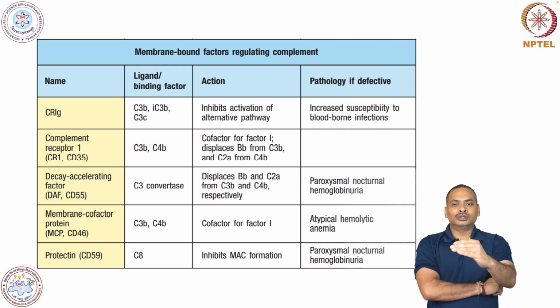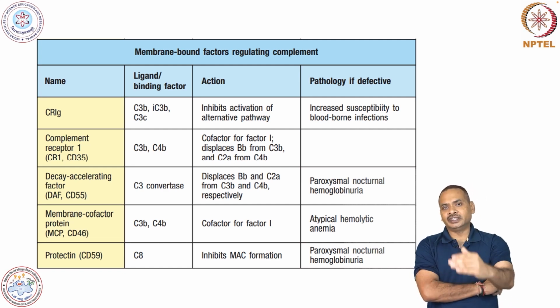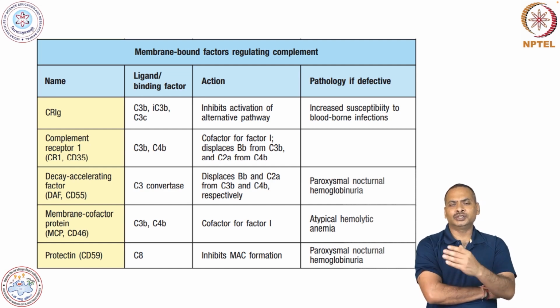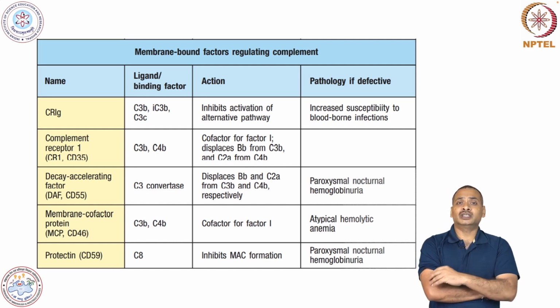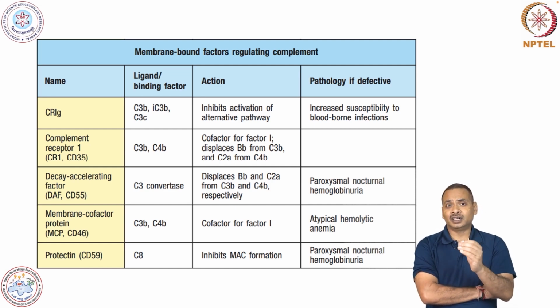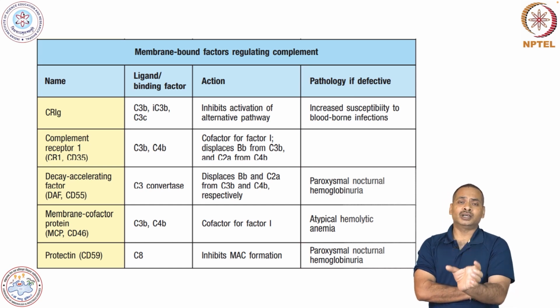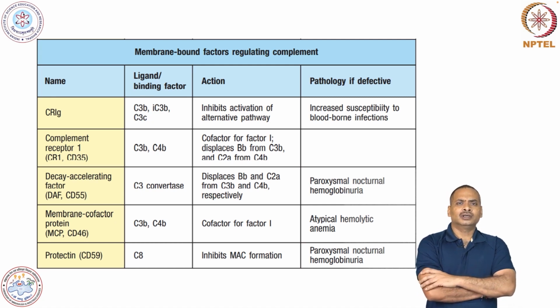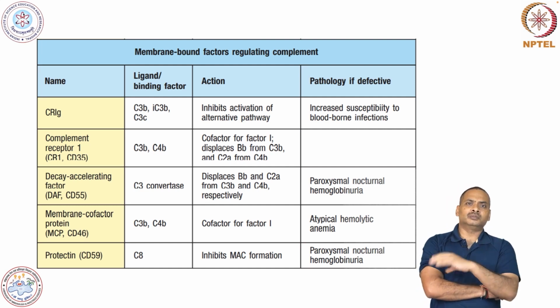This is again a rare disease, but in these individuals, when they wake up in the morning, their urine will have blood, a dark red color, and it could be brown.